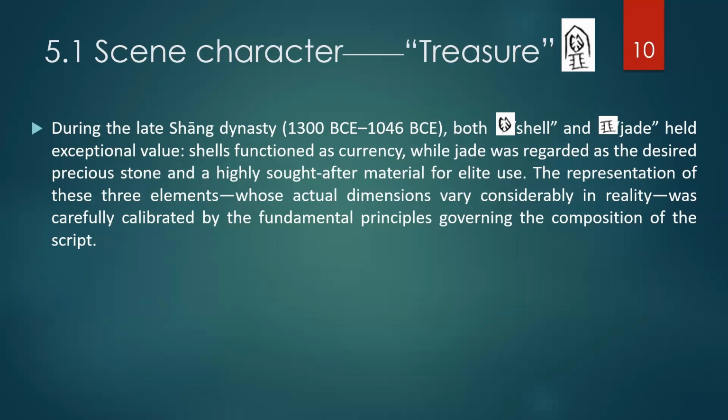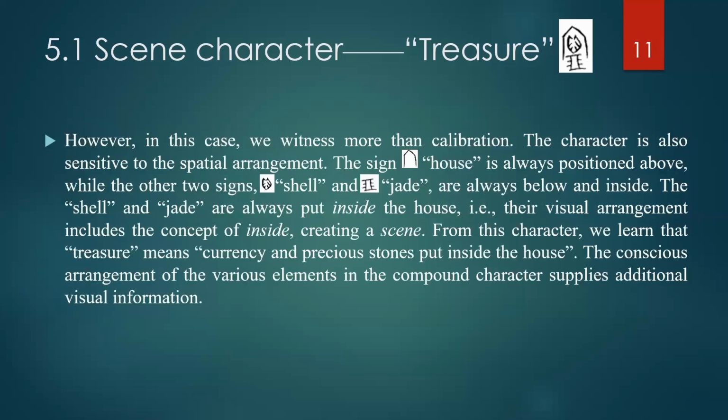The shell and jade are always put inside the house, which means the visual arrangement includes the concept of inside, creating a scene. For this character, we know that treasure means currency and precious stones put inside the house. The conscious arrangement of these various elements in the compound characters supplies additional visual information.